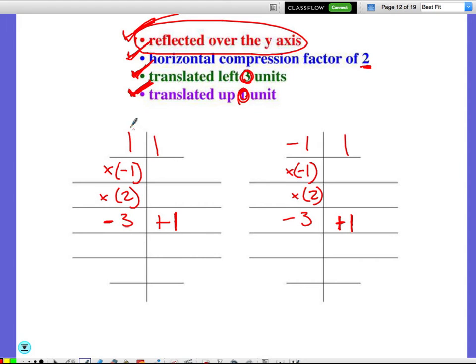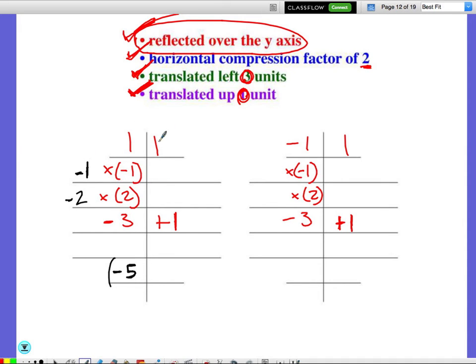Starting with 1, 1, we're going to go through each of these calculations and figure out what our answer is going to be. So 1 times negative 1 is negative 1. Negative 1 times 2 is going to be negative 2. And negative 2 minus 3 is negative 5. So we're done with the x coordinate.